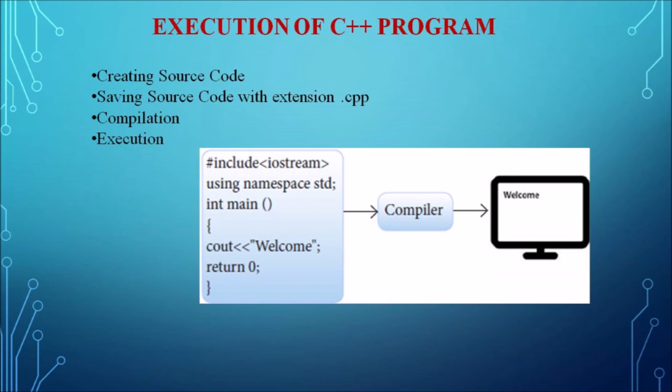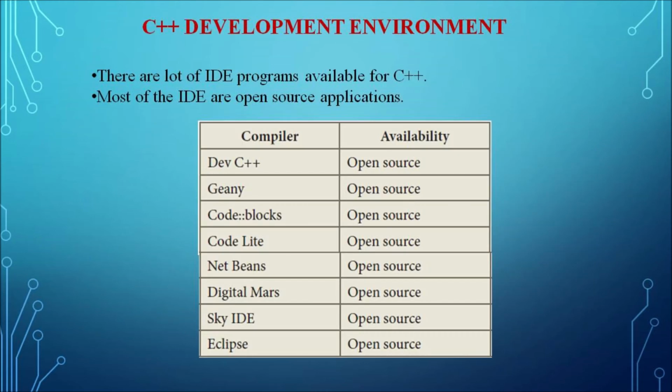So after the program gets converted to an executable file, it is fully independent. It doesn't depend on any compiler or an IDE. So these are the four common steps for executing a C++ program.